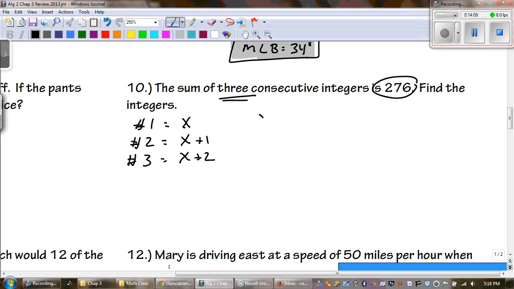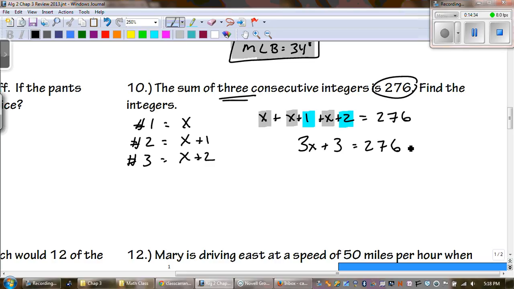We've talked about that multiple times in class, guys. So you add all those up, and we want that to equal 276. So let's combine your like terms. How many x's do you have? All 3x, and then 1 plus 2 is 3 equals 276.